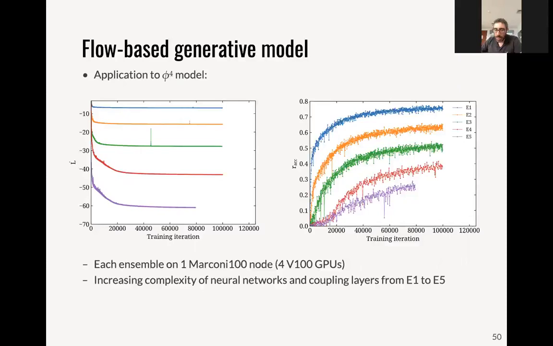So this is not an exhaustive analysis. I should say that this is an incomplete analysis of using these neural networks. But what you see is basically, as I said, the loss function for the smaller lattice, the loss function, as we said, is bounded from below by the logarithm of the partition function.